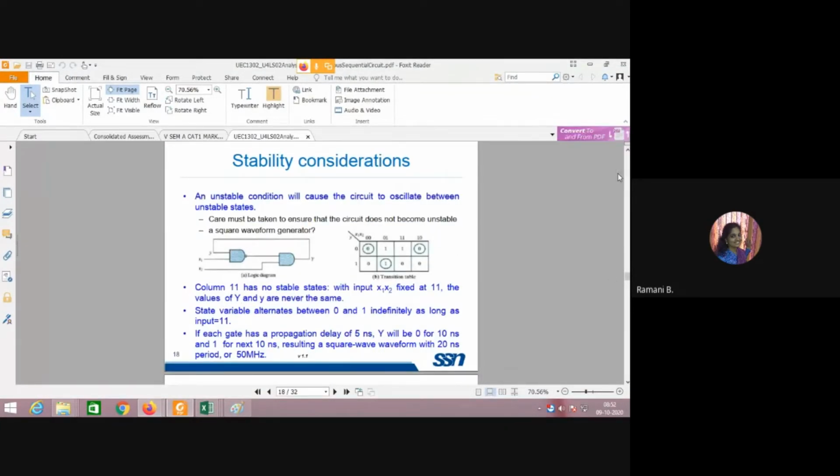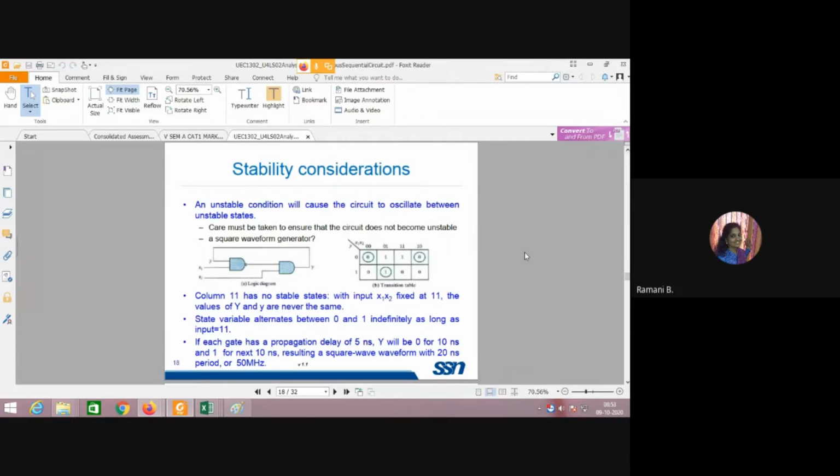If a circuit is in an unstable condition, the circuit has a possibility of oscillating between the unstable states. So care should be taken such that the circuit doesn't go into an unstable state, or stay between the unstable states alone. That is the same case for asynchronous as well as synchronous sequential circuits, so that your circuit will always remain stable.